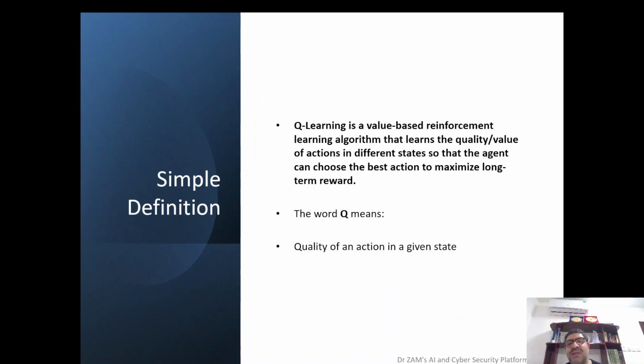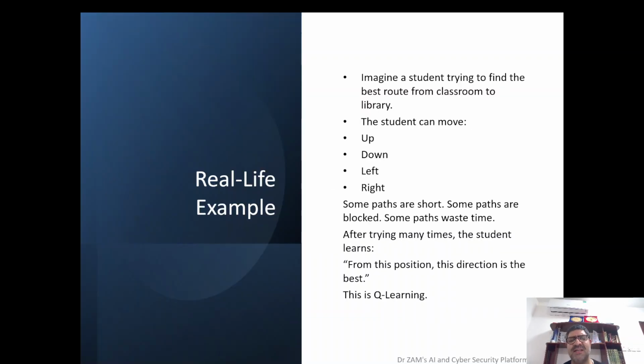The word Q means quality of an action in a given state. In a very simple definition, I think we had done it in the first part of this particular series.